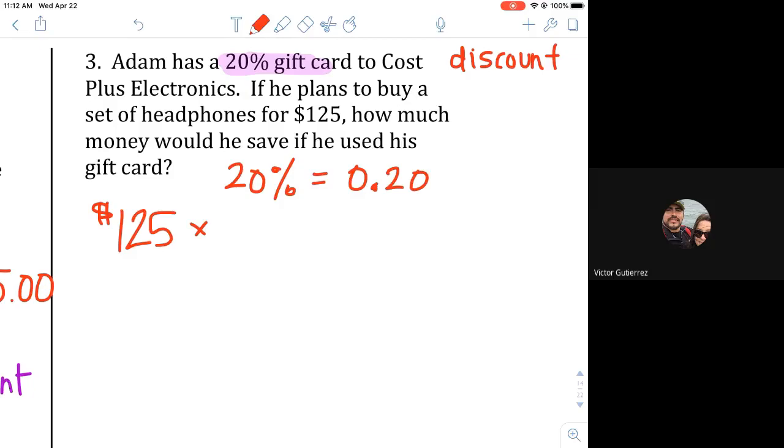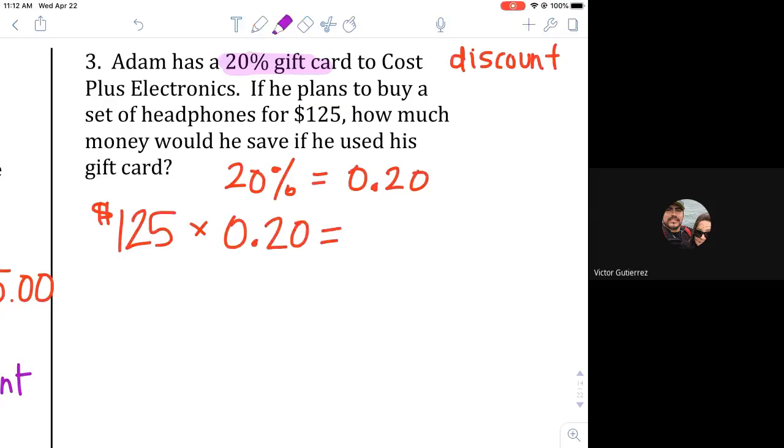And what we're going to get here is going to be the discount in dollars. And again, if one of you guys could do that for me.